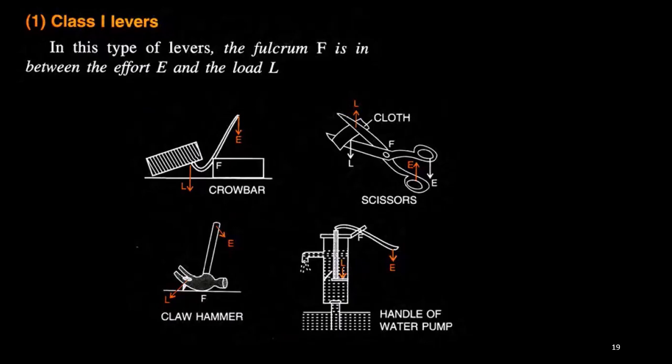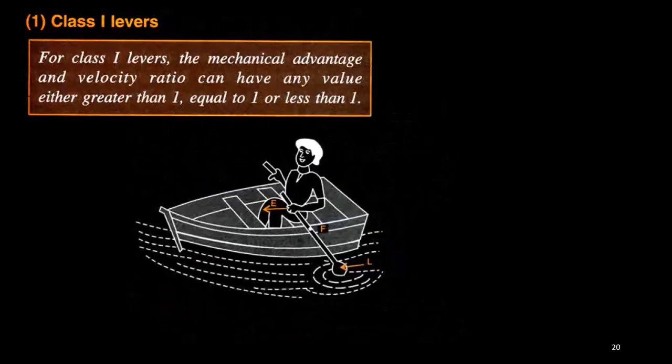Now these are the different types of examples of class 1 lever. In all these situations the fulcrum is at the middle. In each and every situation, the fulcrum has to be the middle point. About the fulcrum, on one side has to be the load, and on the other side should be the effort arm. In the class 1 lever, the mechanical advantage and velocity ratio can have any value.